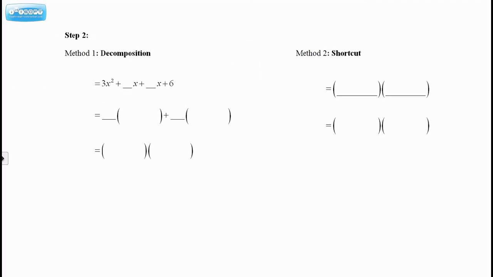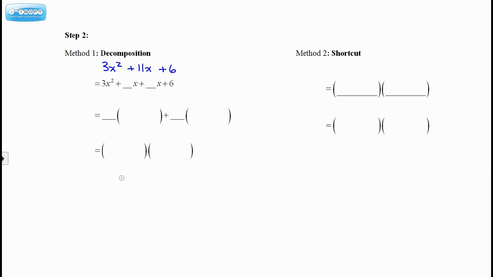Step 2. Now it comes time to actually do the factoring. And there are two methods here that I'm going to show. Method 1 is called decomposition, which basically means to break down. And method 2, that's just a quick and dirty shortcut. So I'm going to show both. And I'm going to begin by writing the trinomial from above as it was originally given.